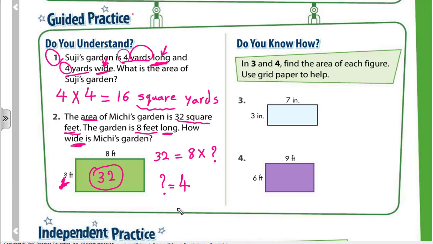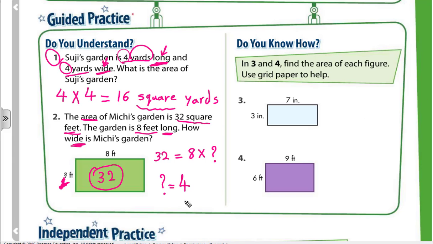Now I want to ask a big question. Feet or square feet? The 4 is area, yes or no? Okay, Abdullah, the 4 is area?